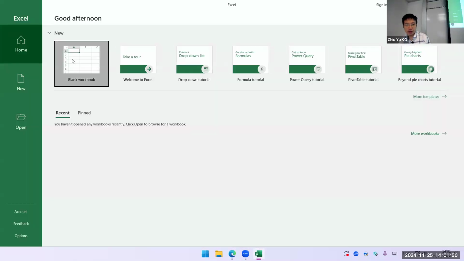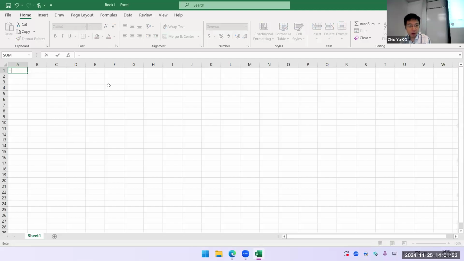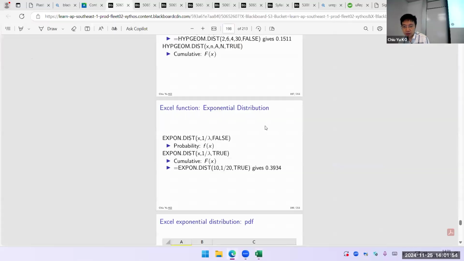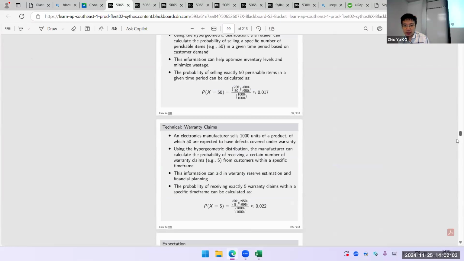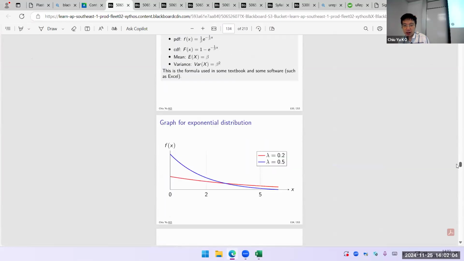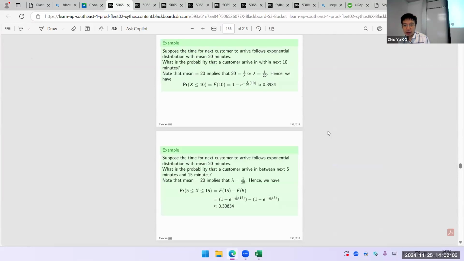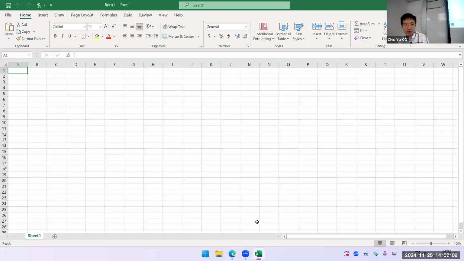The question is asking about exponential. Just copy that and go back to the Excel spreadsheet there, and you check if they're the same, then we're happy.